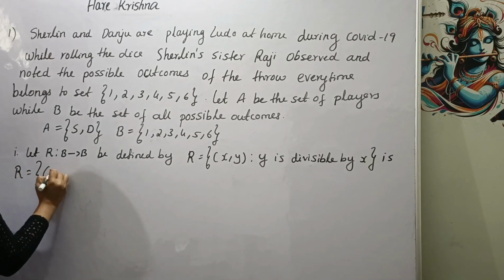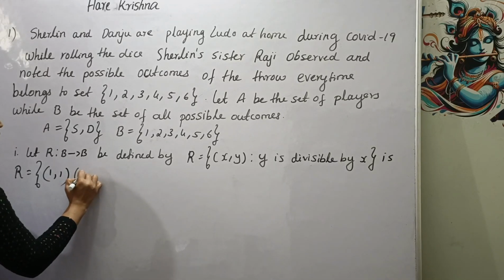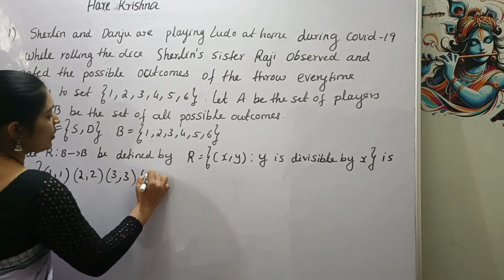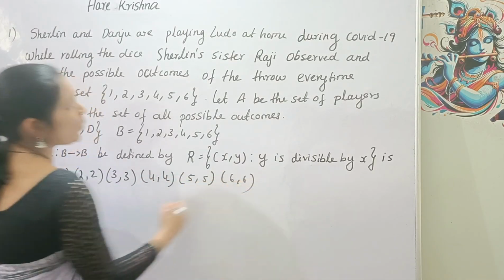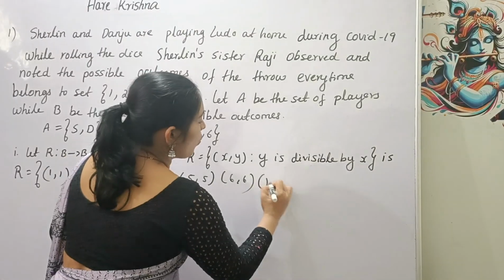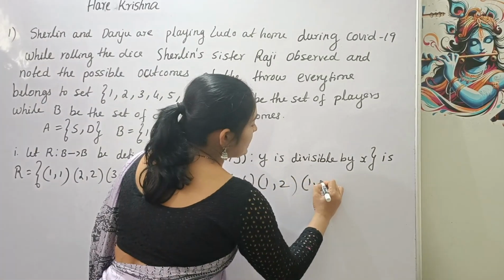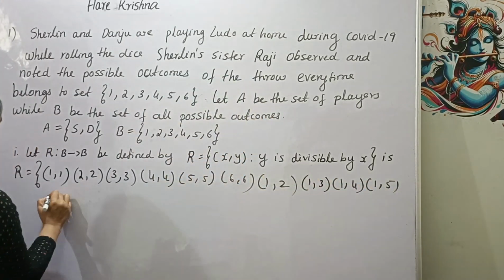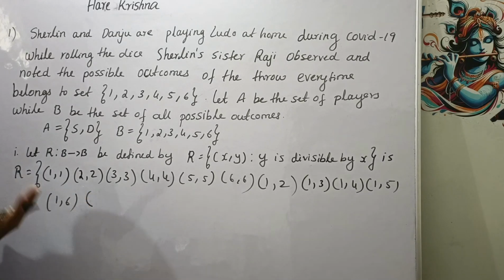So we can write (1,1) because 1 is divisible by 1, (2,2), 2 is divisible by 2, similarly (3,3), (4,4), (5,5), (6,6). Next, (1,2), 2 is divisible by 1, (1,3), (1,4), (1,5), (1,6). Then (2,1) is not possible because 1 is not divisible by 2.